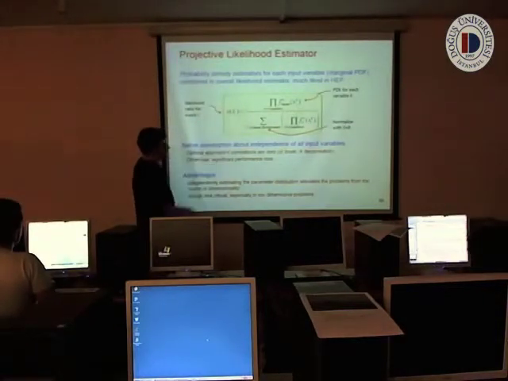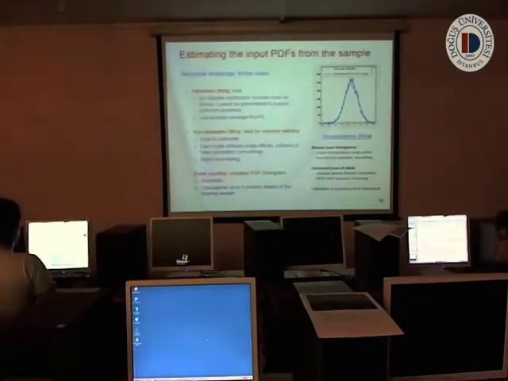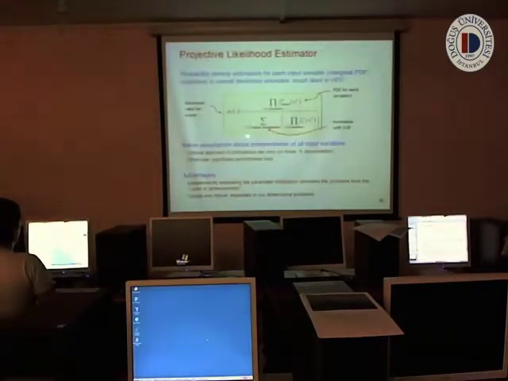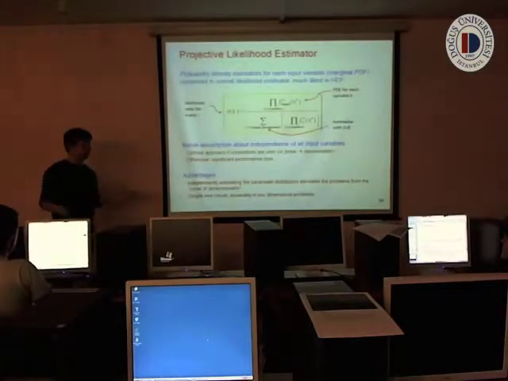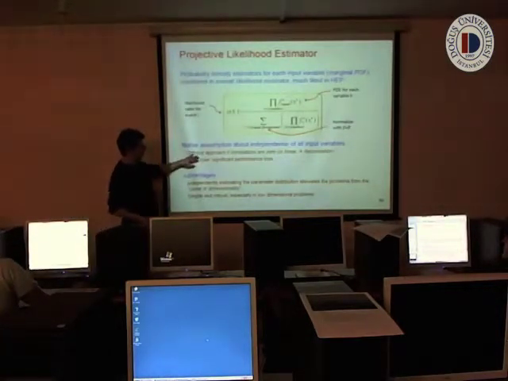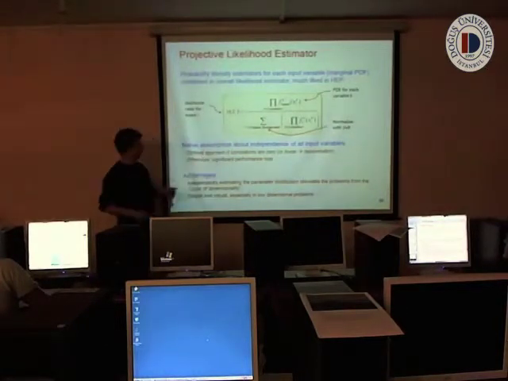For the joint PDF in the projective likelihood approach, we assume all variables that I look at are independent. So I have an energy and momentum, and I treat them as independent, which is not the case. It's a very naive assumption, but if there are no correlations between the different input variables, that is actually a very good assumption.